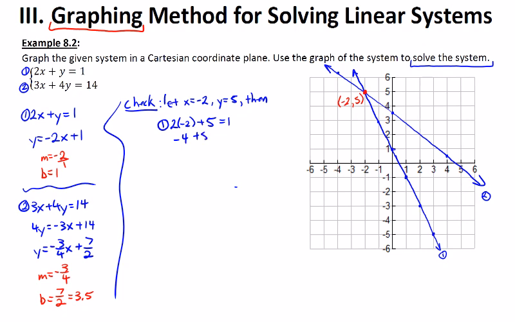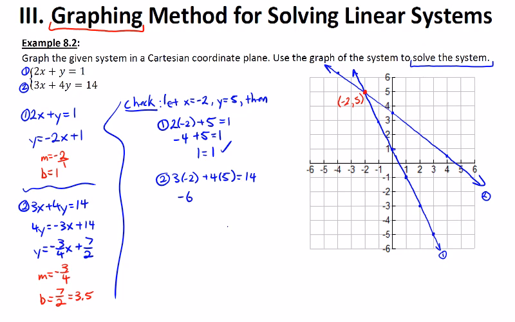-4 plus 5 is supposed to equal 1, and it absolutely does. 1 does equal 1, so true statement there. Number 2, let's check out that equation. 3 times -2 plus 4 times 5 is supposed to equal 14.